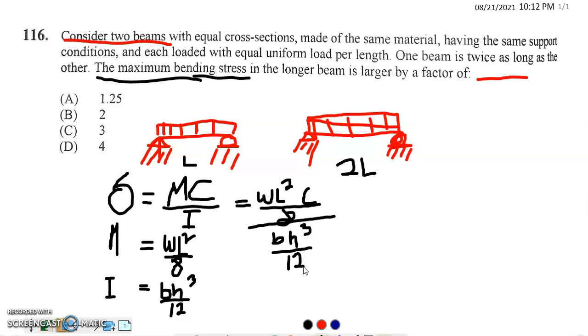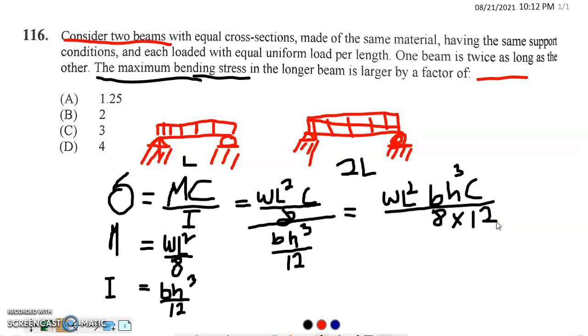If you flip and rearrange, you're going to come up with W L squared C over 8 times 12 times BH cubed.